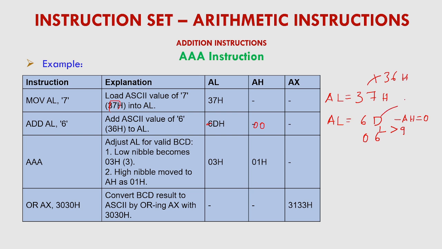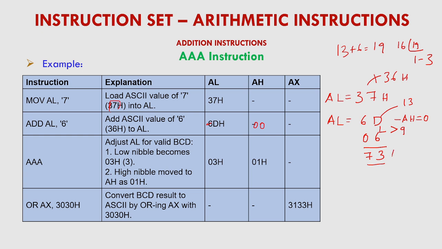You know that the D equivalent decimal value is 13, and if you add 6, 13 plus 6, you will get 19. If you convert it into hexadecimal, what will you get? You will get 13. So 3, if you add along with this 1, you will get 73. That is the current value.